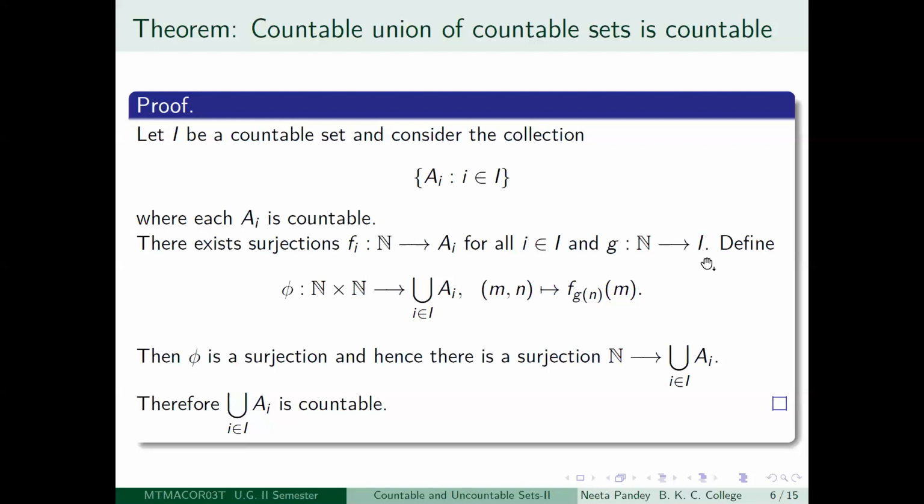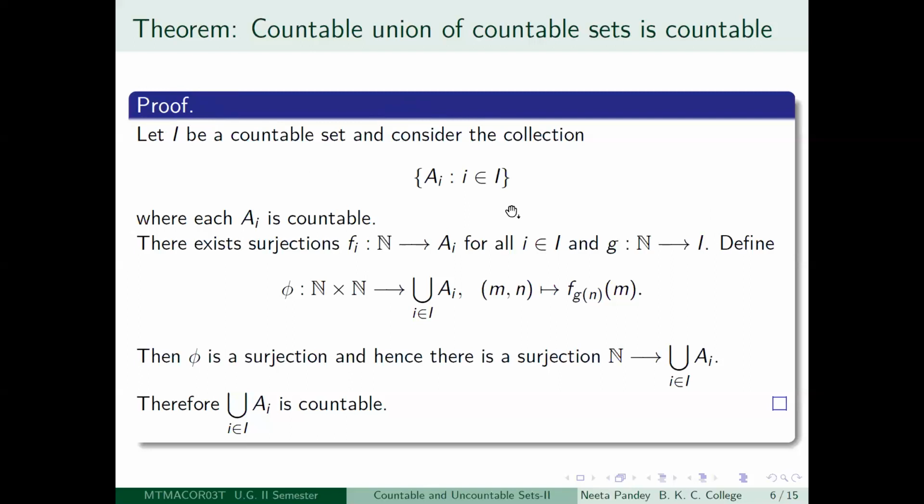Okay, so I said that if you take I to be a set of positive integers, it is easy to visualize, but it is not really necessary for any countable set. This is okay. And why am I saying that for any countable set? Because I also could be a finite set or a countably infinite set. So it is not necessary that I is infinite. It could very well be a finite set.